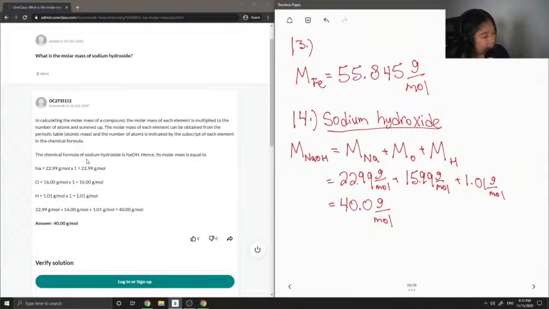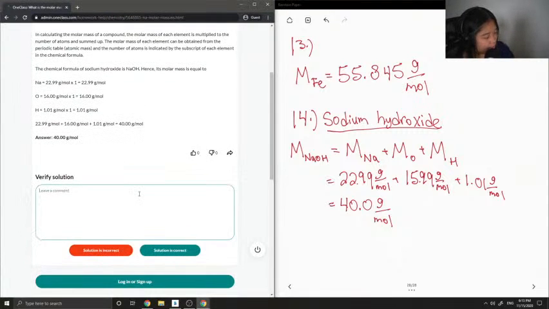Chemical formula of sodium hydroxide is NaOH, hence its molar mass is equal to 22.99 plus 16 plus 1.01 equals 40. So this solution is correct. Great explanation.